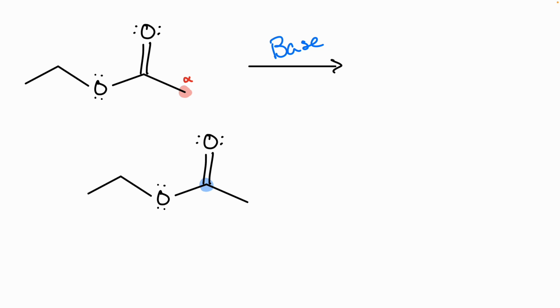All right, and just like before, that base is going to deprotonate that alpha carbon. So I'm going to put a pair of electrons on that alpha carbon, which is what makes it a good nucleophile. All right, what's the next step going to be after I've made that good nucleophile alpha carbon? Nucleophilic attack. All right, cool.